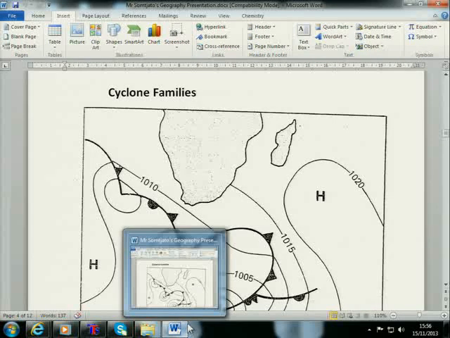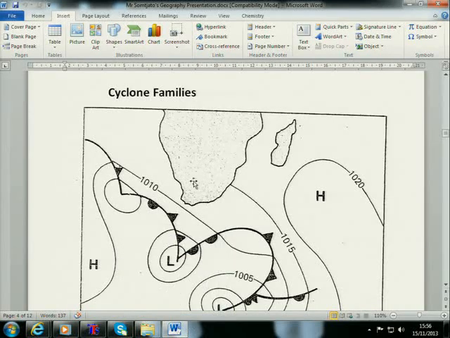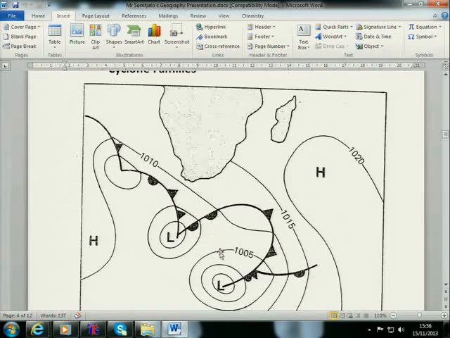Here is our south. The north is up there. So in this case, this one is the oldest mid-latitude cyclone. Why do we say that? Because it is the furthest south. The recent one is the one furthest north, as you can see.